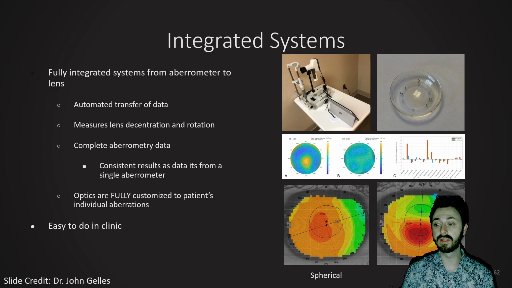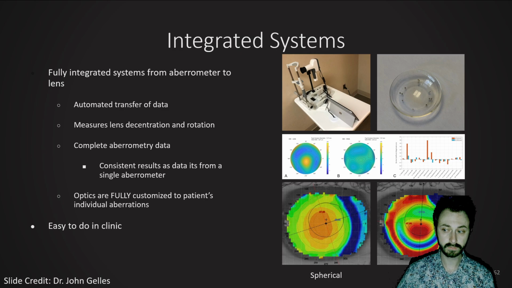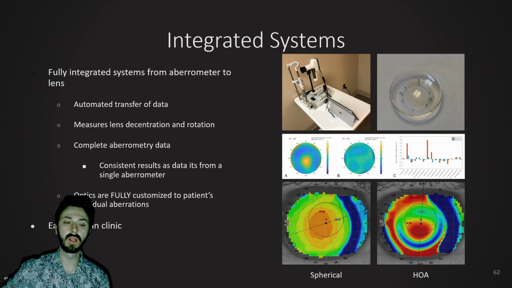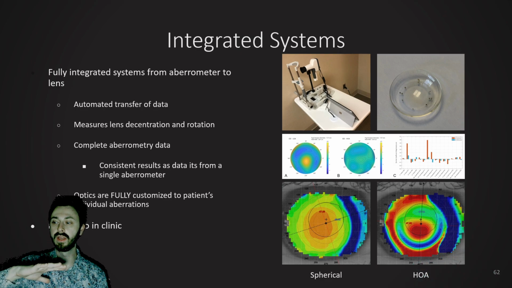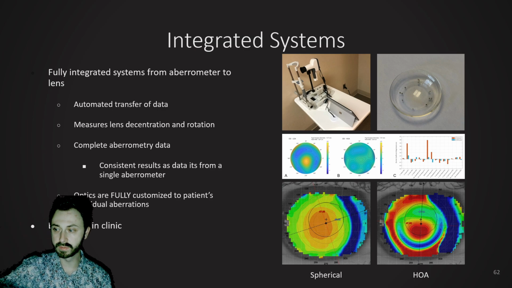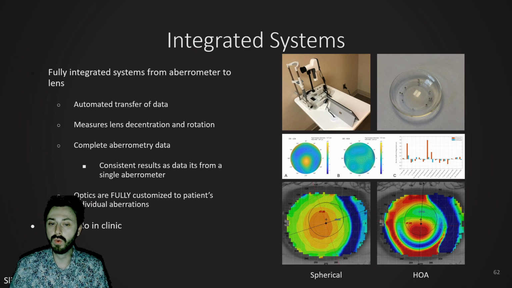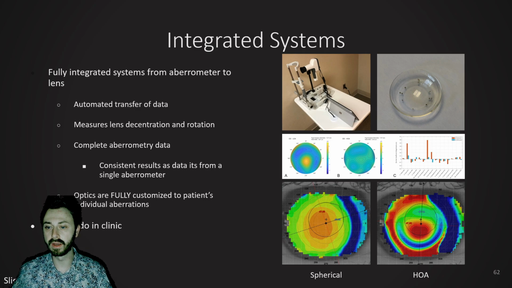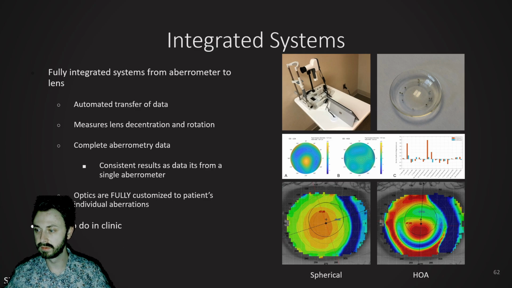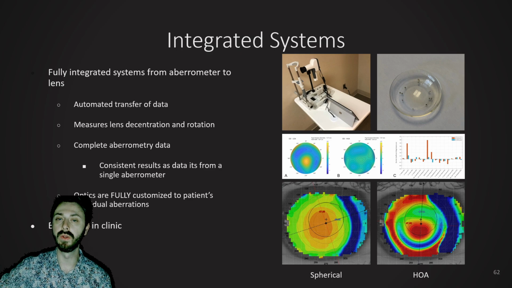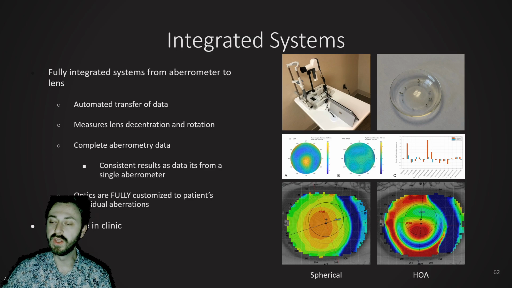If you take a look at these bottom two scans, you can see that the spherical traditional scleral lens on the left has a very prolate appearance where the center is more down. You have a kind of uniform steepening or flattening across that surface of the lens. When you look at the higher aberration lens, you can see much more uniqueness.